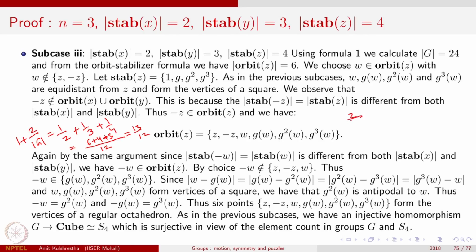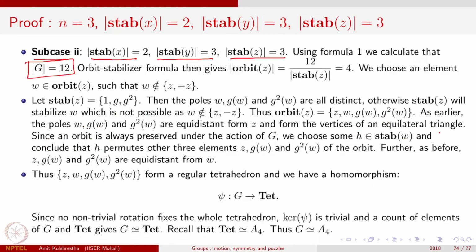So 2 divided by the order of G is 13 by 12 minus 1, which is 1 divided by 12, so the size of G is 24.